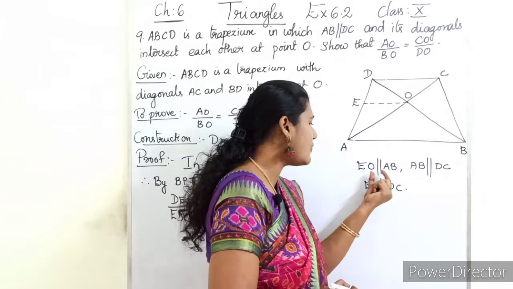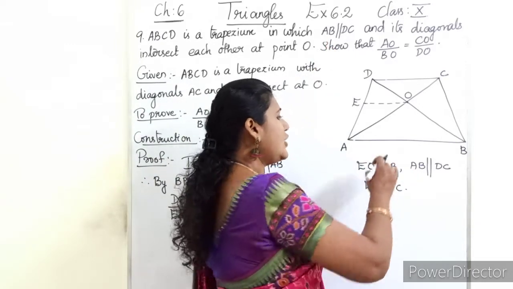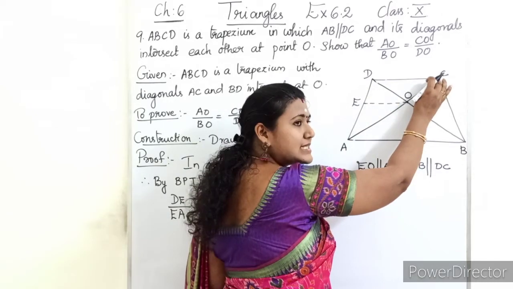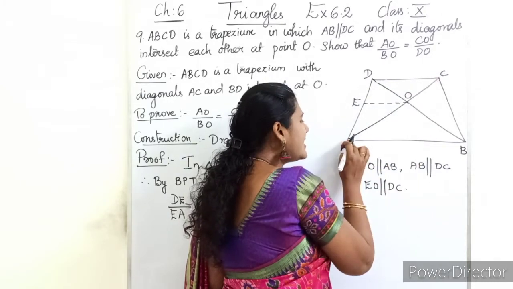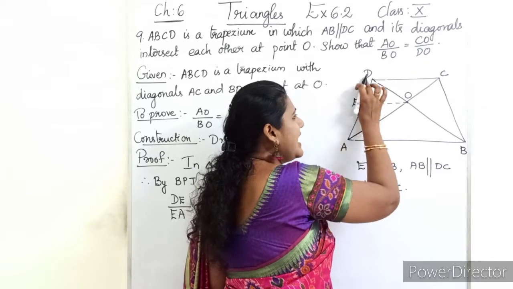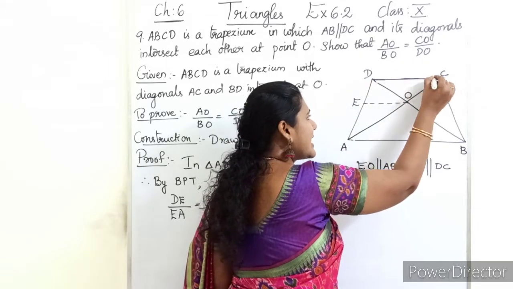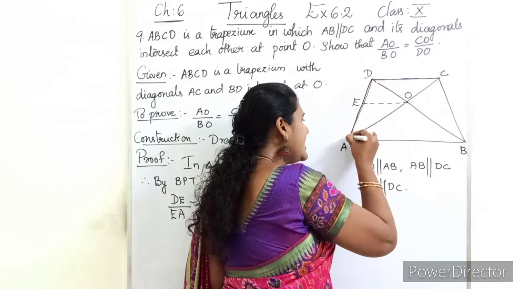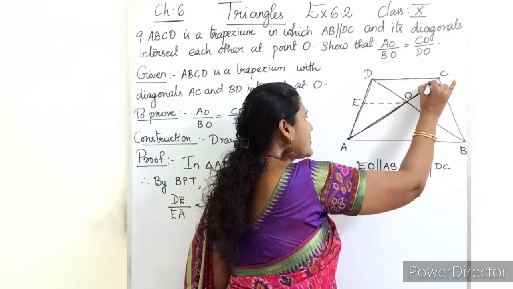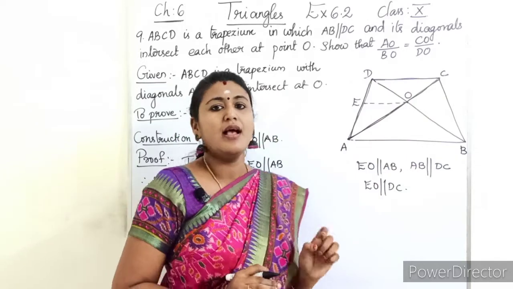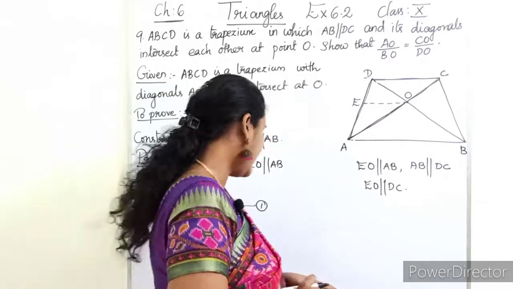So EO is parallel to DC. Now we will consider the triangle ADC, and for this triangle we will apply the basic proportionality theorem.